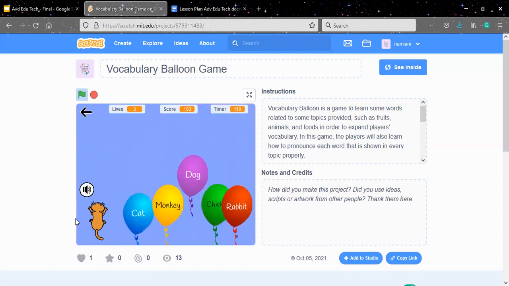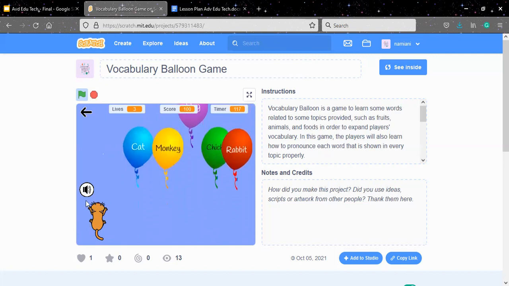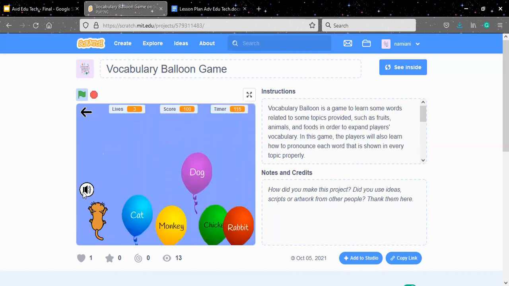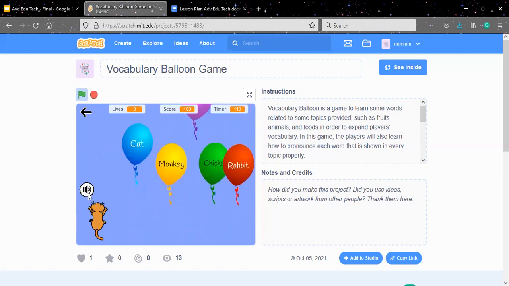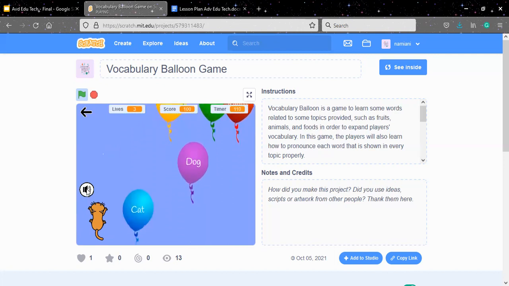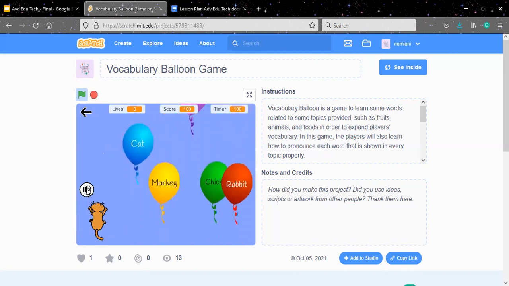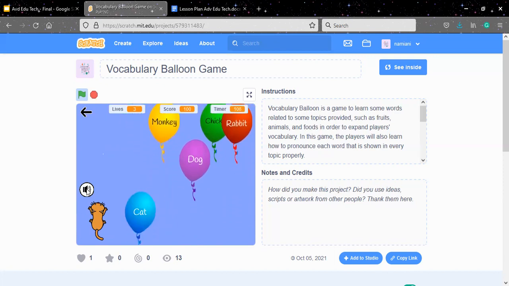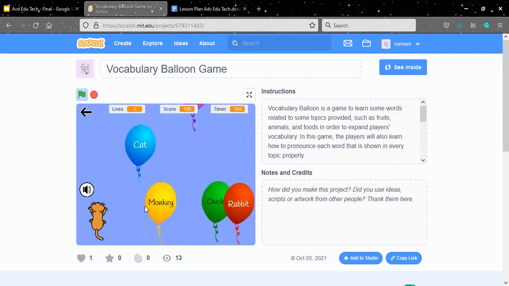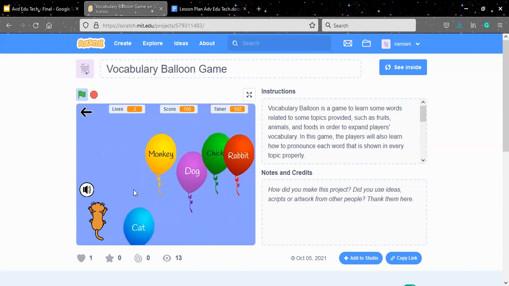If they don't know the English of this picture, they can click this sticker icon, and then they can match it with the sound that correctly matches the word here.